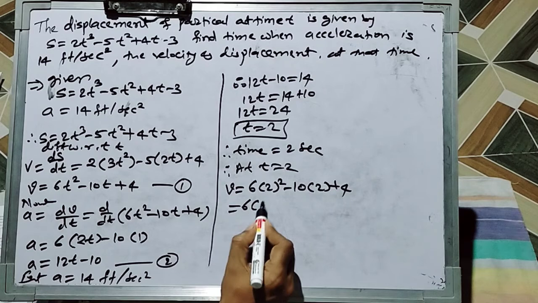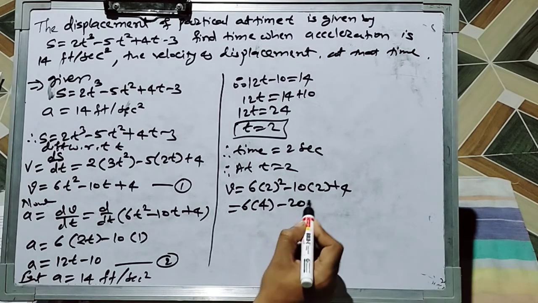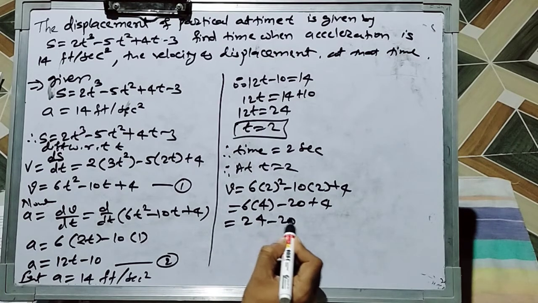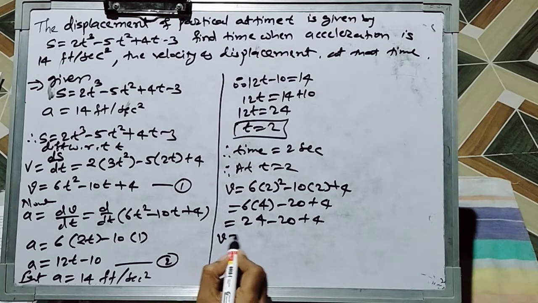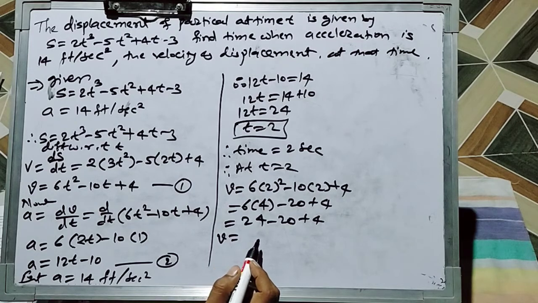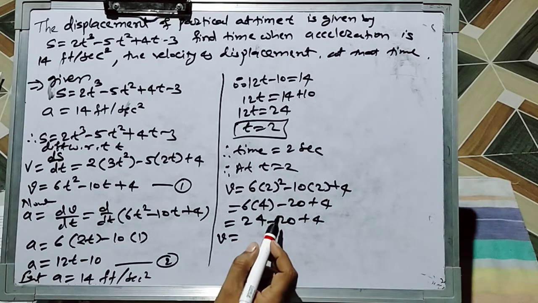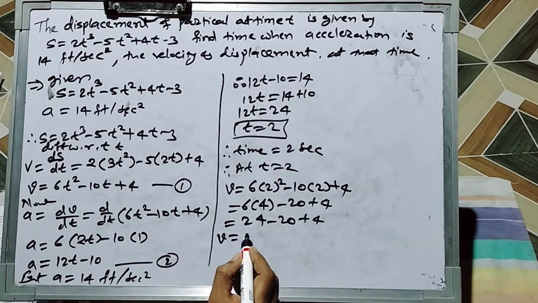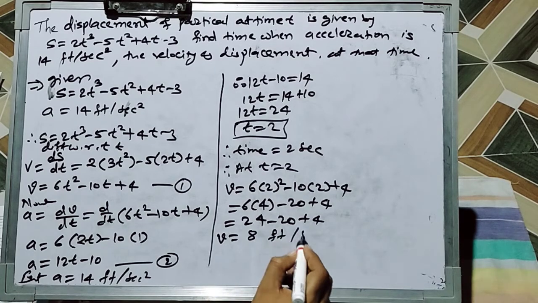So this equals 6 into 4 minus 20 plus 4, which is 24 minus 20 plus 4. So velocity equals 8 feet per second.